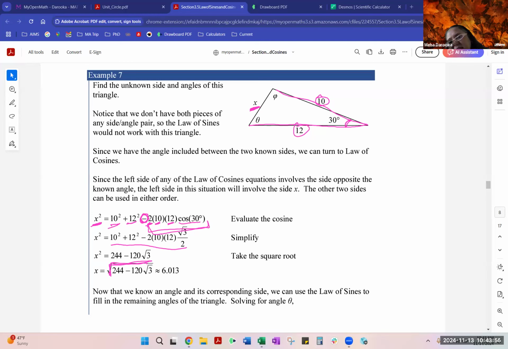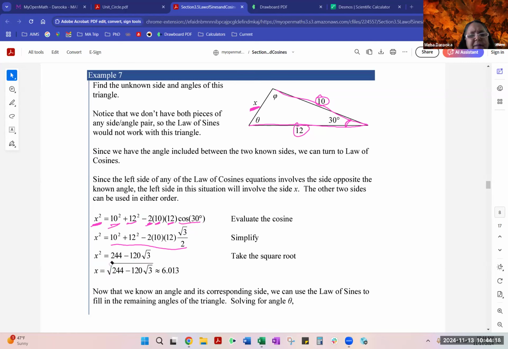Remember, the cosine value depends on which quadrant your angle falls into, so technically you could end up with a positive or a negative cosine value. I think it could work in both situations. Let's see if we come across an example where we see that happening.